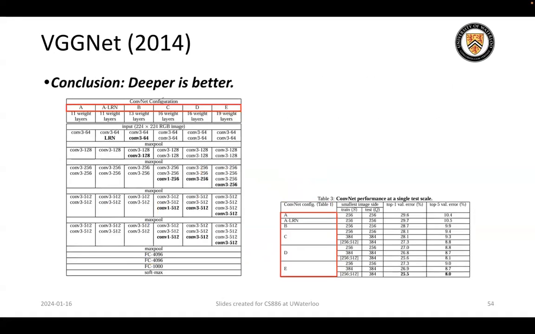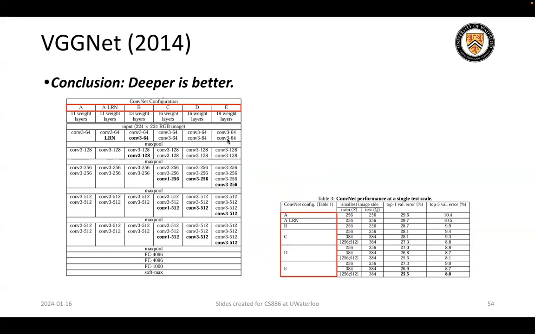Now let's have some results. For VGG, there are configurations A, B, C, D, E with different numbers of weight layers. The last configuration E has 19 weight layers, which is the most of them. And we can see the architecture.